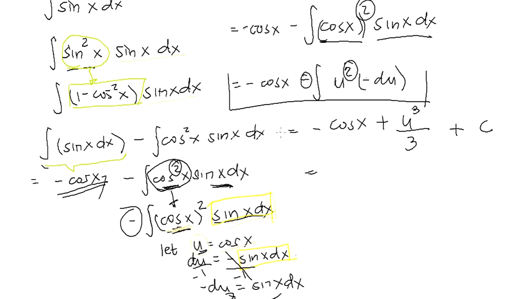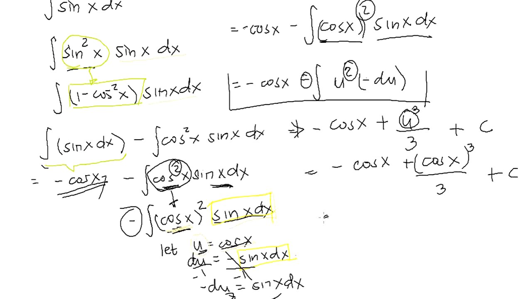So finally, our answer is just negative cosine x plus, what's the value of u? We have cosine x raised to 3 all over 3 plus c.